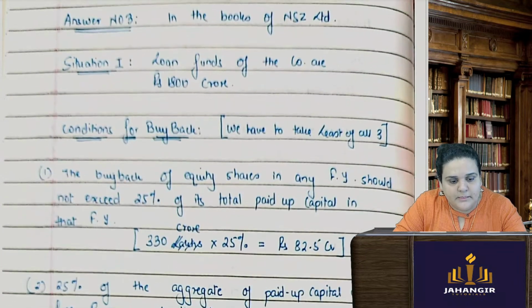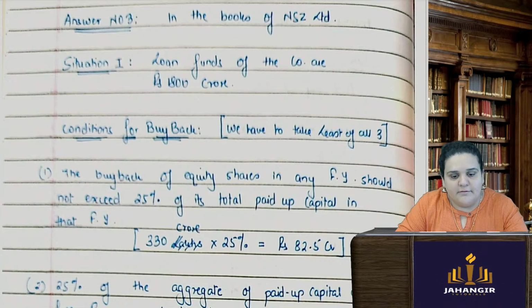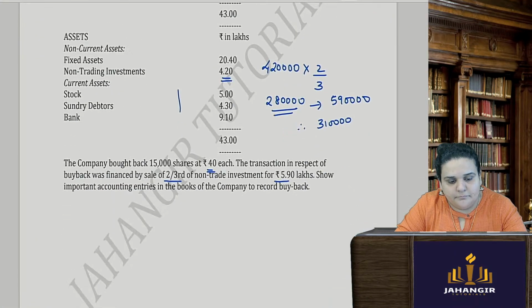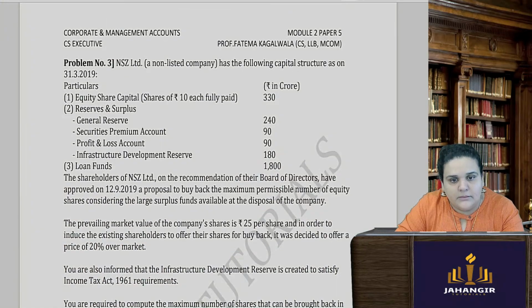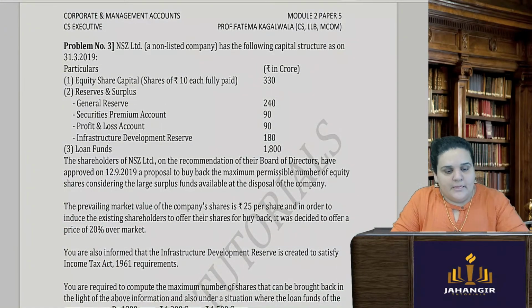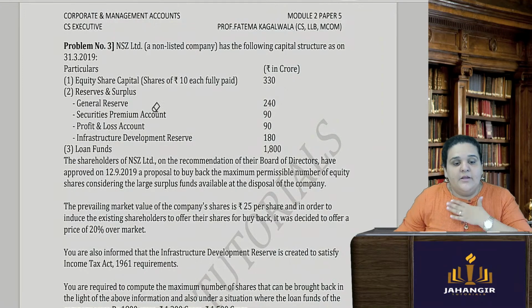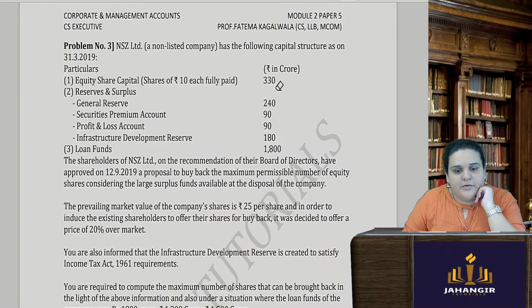Okay. Now comes the question wherein we have to solve the given conditions of buyback. Problem number 3. NSZ Limited, a non-listed company, has the following capital structure as on 31st of March 2019. Equity share capital of rupees 10 each, fully paid up, 313 crores rupees.